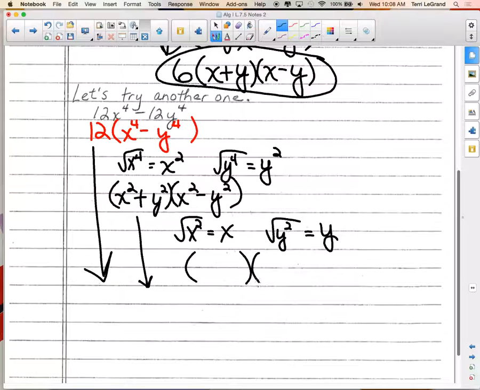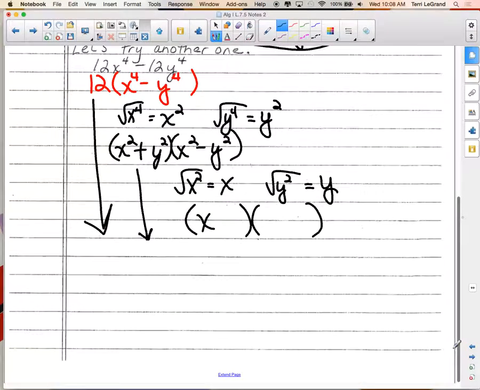The x is the square root of the first term and becomes the first term of the binomials, and the y's go in the binomials. One has addition, the other has subtraction. This one's got addition, so I already know I'm done with that one. We don't do anything with addition of binomials.